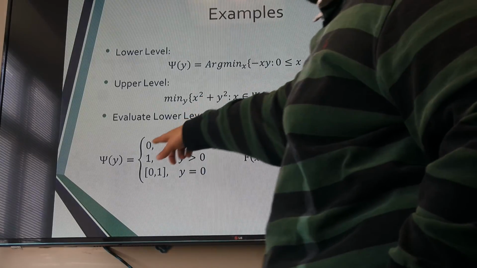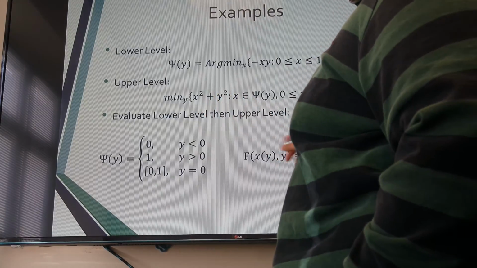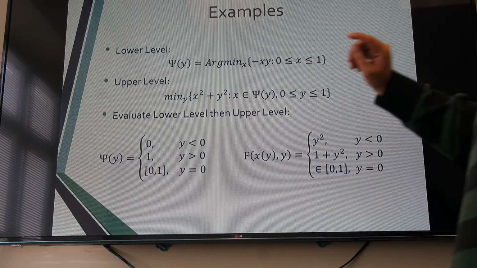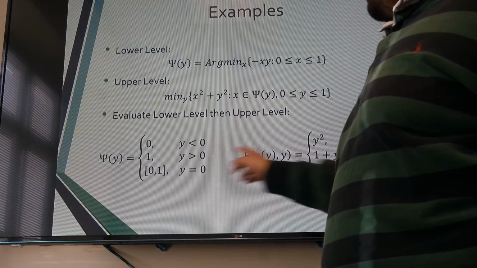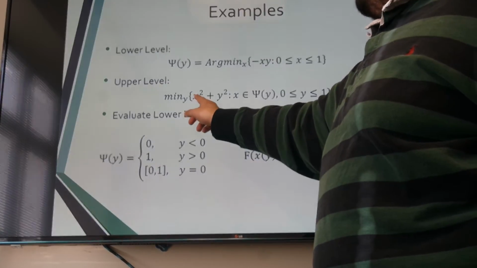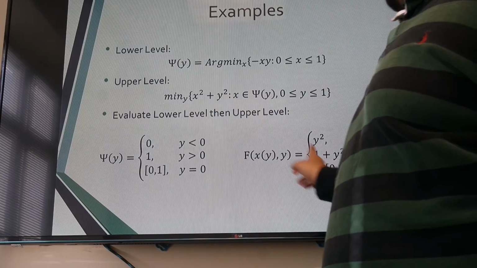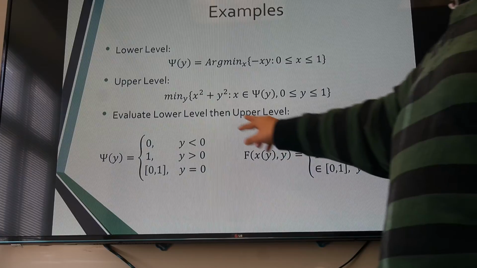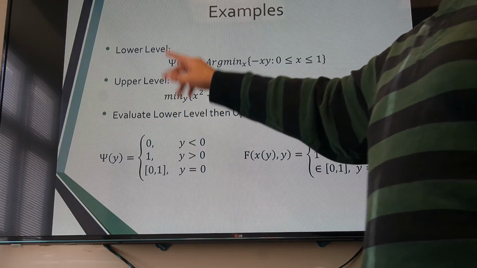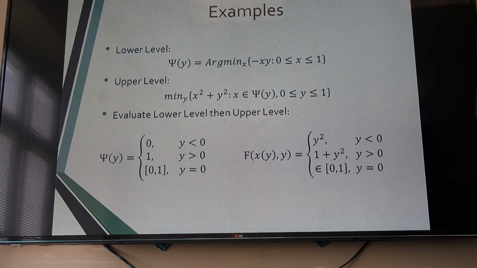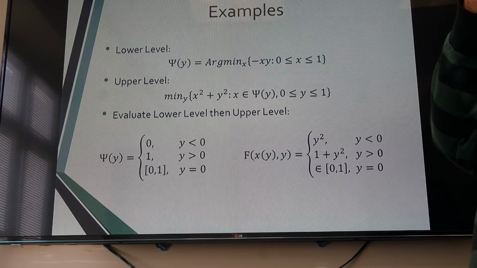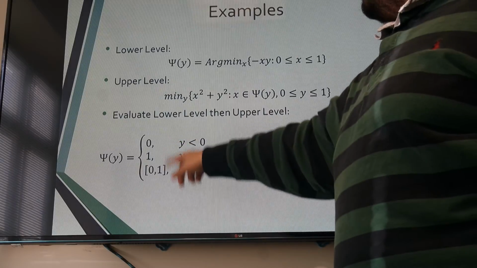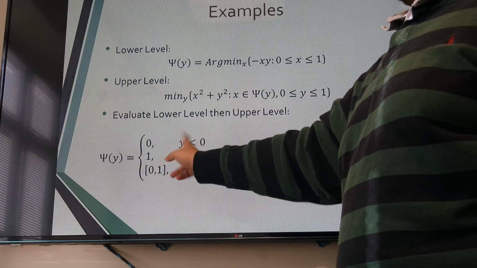Plus x squared is equal to 0, so 0 plus y squared is equal to y squared. If y is more than 0, x is equal to 1, so it will be 1 squared plus y squared, or 1 plus y squared. If y is equal to 0, any value for x will suffice. And you can see clearly here that the optimal solution is 0 and 0. This is the optimal solution that we get based on the pairs of optimal solutions of the lower problem.